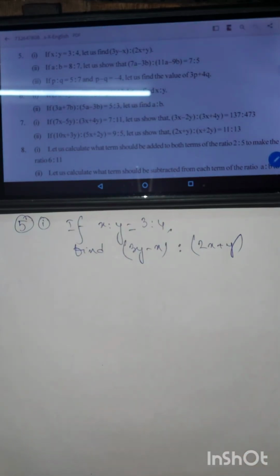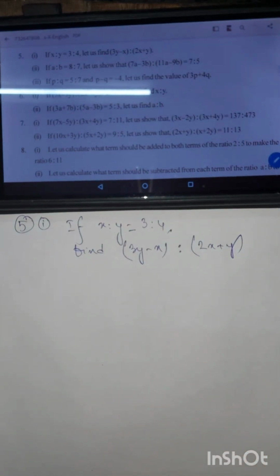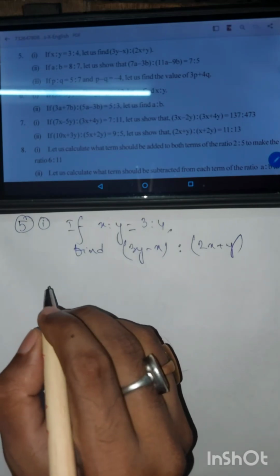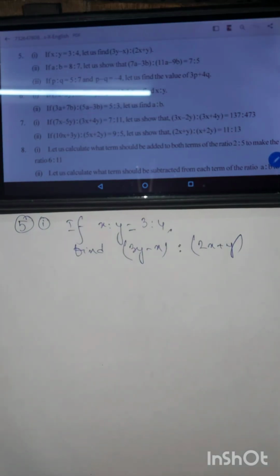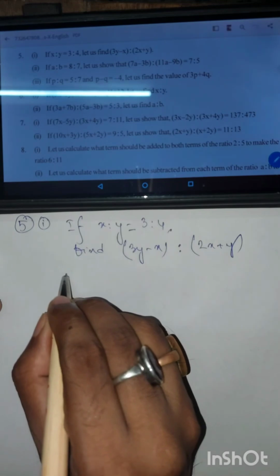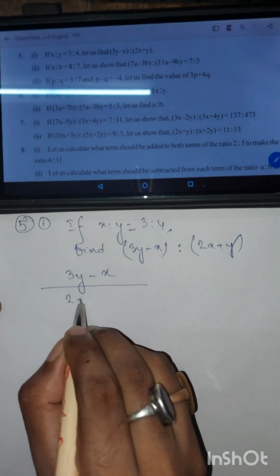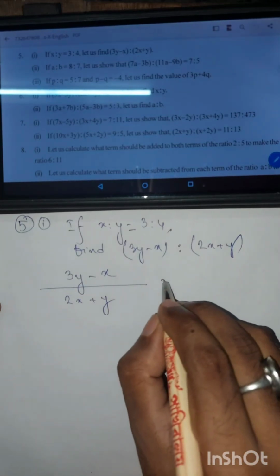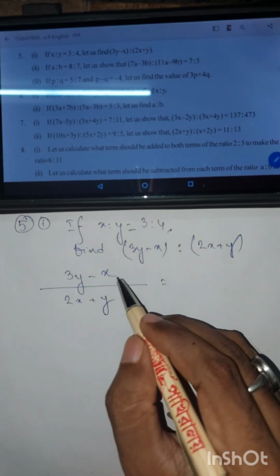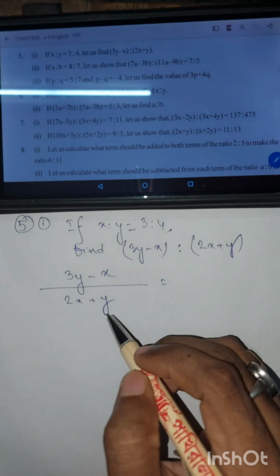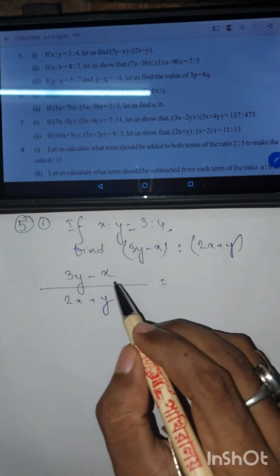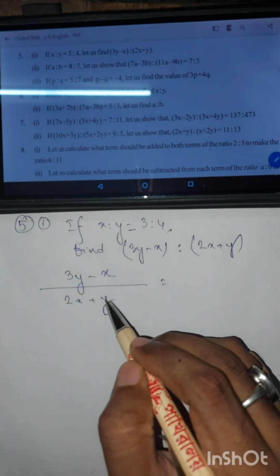So if x is to y is equal to 3 is to 4, we need to find 3y minus x is to 2x plus y. So if we divide the numerator and denominator by y, okay, we are dividing the numerator and the denominator by y.